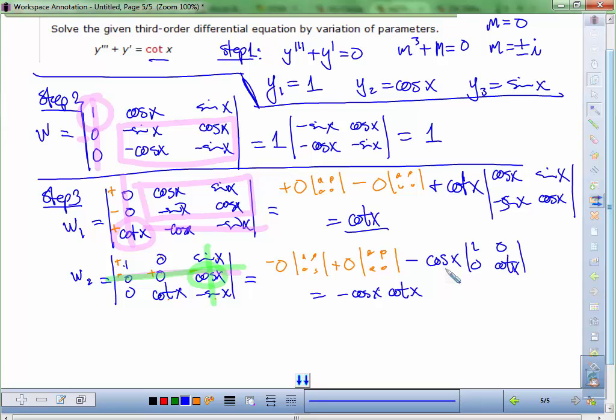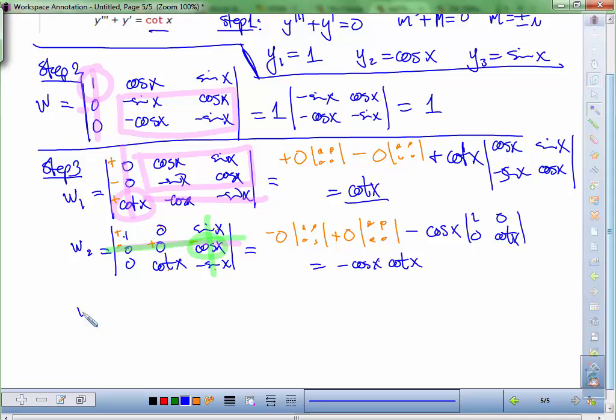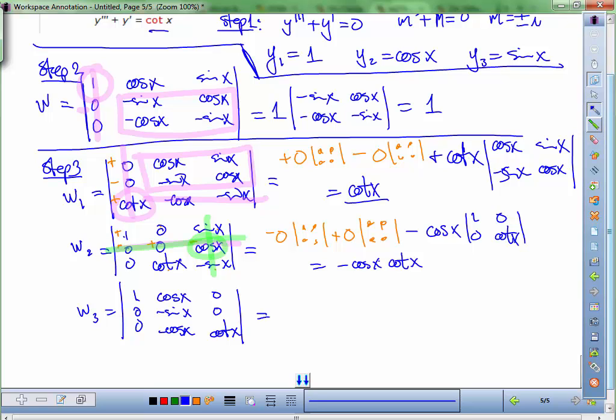Okay, so that's W2. W3 is 1, 0, 0. I'll keep the second column as cosine x, minus sine x, minus cosine x. And then the last column will change to 0, 0, cotangent. Again, expanding any way you want. The easier way, which is what I should have done for the second one, is to expand along the first row.